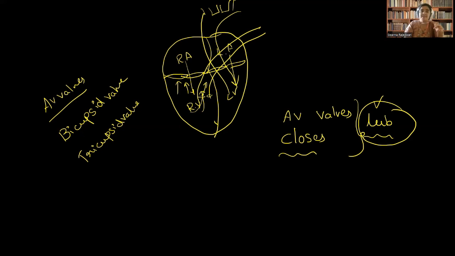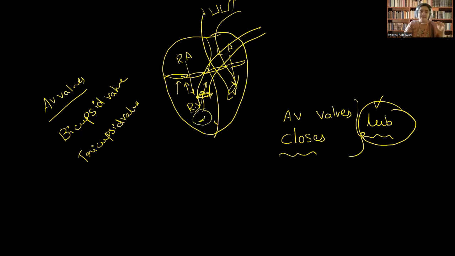After that, when the blood is entering the respective vessels and the pressure in the ventricle decreases, immediately the semilunar valves close again. Are you following? When the blood from the ventricles has gone into the pulmonary artery and the aorta, the pressure in the ventricle will be less.